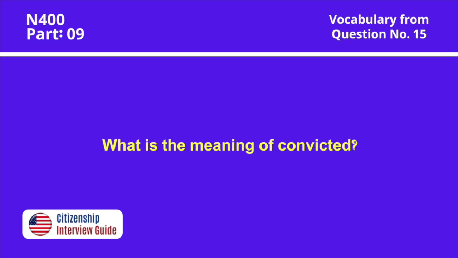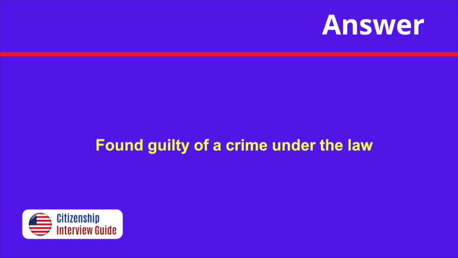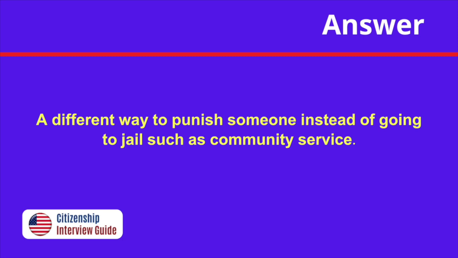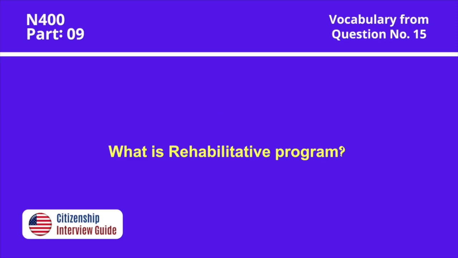What is the meaning of convicted? Found guilty of a crime under the law. What is alternative sentencing? A different way to punish someone instead of going to jail, such as community service. What is rehabilitative program?